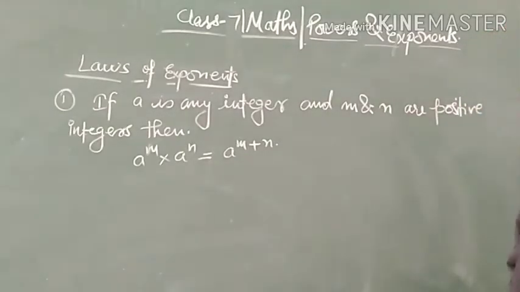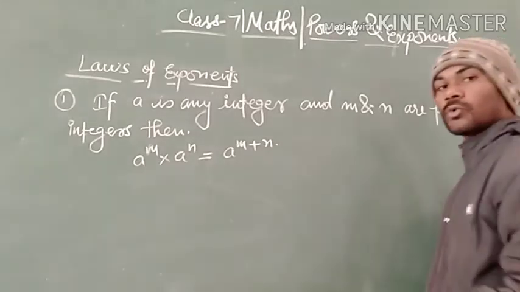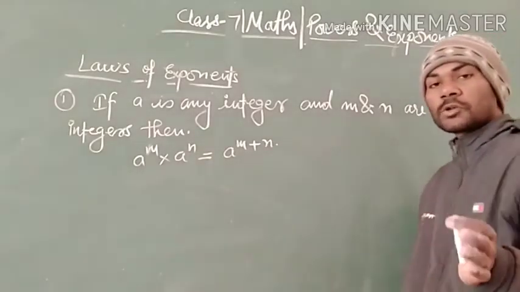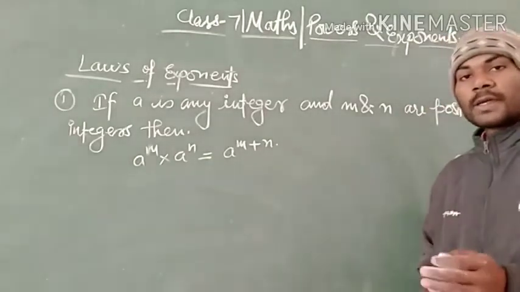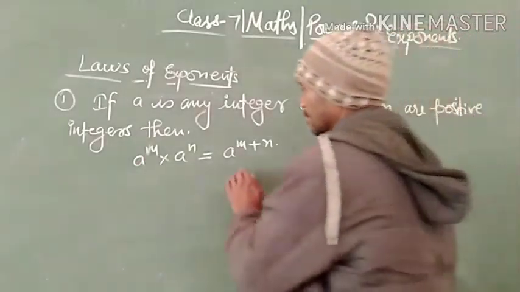It means if a is any integer and m and n are positive integers, then a to the power m into a to the power n is equal to a to the power m plus n.